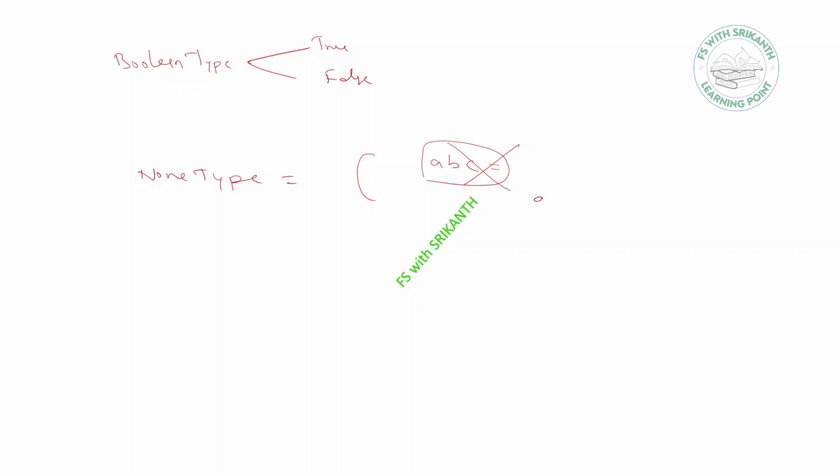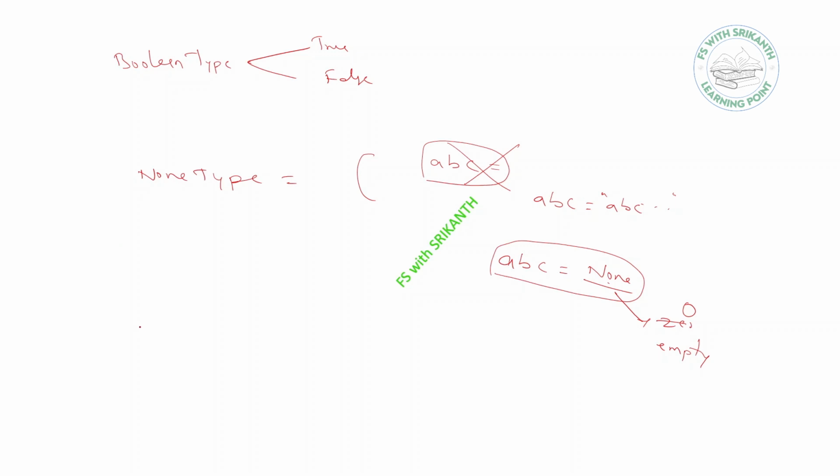You should declare a variable and assign something immediately. But if right now you don't want to assign any value to this ABC, in that situation you can use ABC equal None. None is not zero, and it is not empty. It is a type. In the future you may update it.